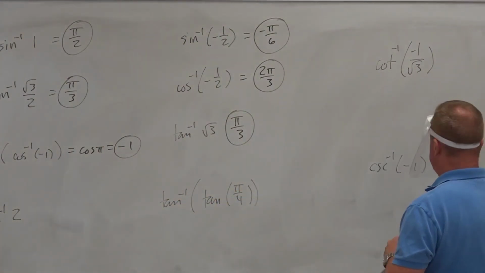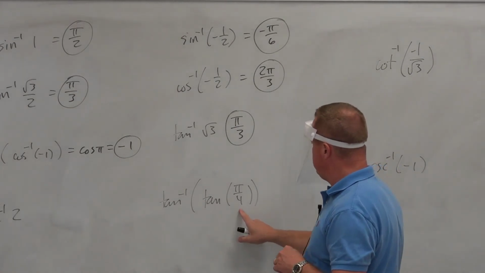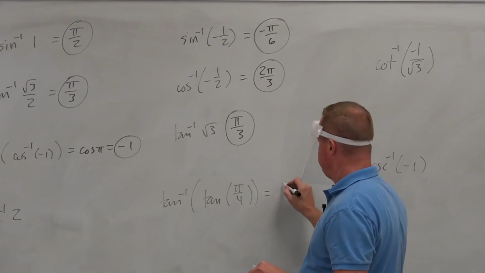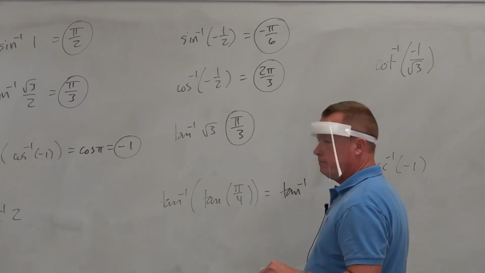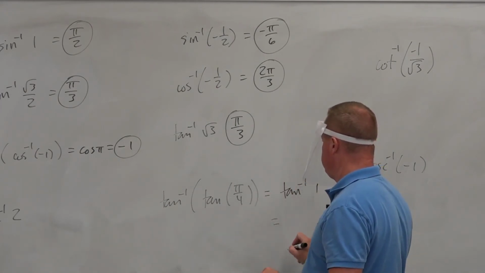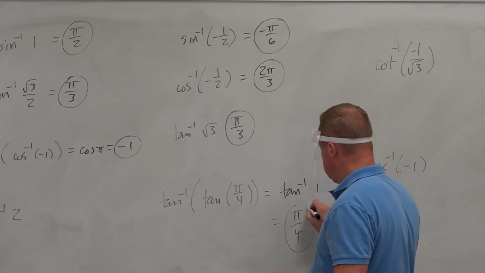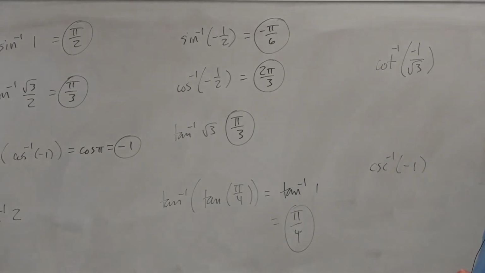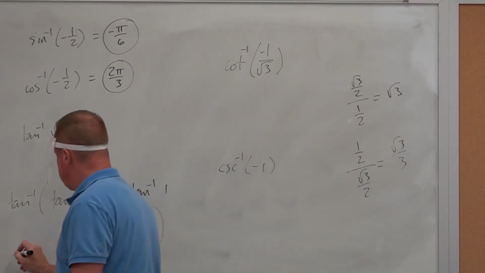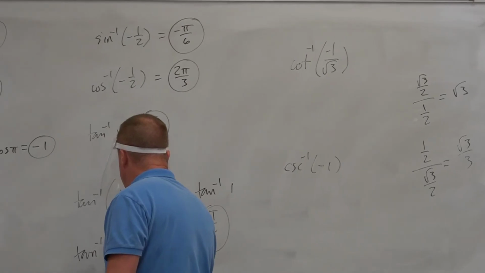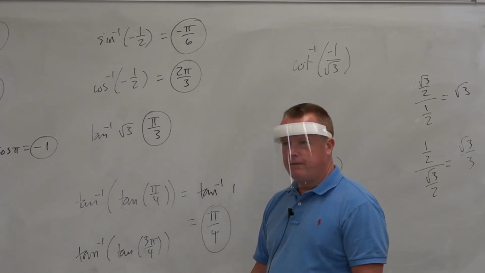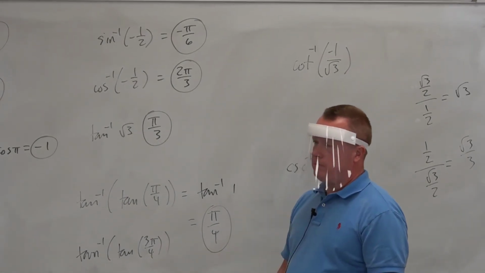Is that all the tangent ones? Yeah. This one, the tangent of pi over 4. What is the tangent of pi over 4? One. And then what is the inverse tangent of 1? Pi over 4. Now, if this had said the inverse tangent of the tangent of 3 pi over 4, what is the tangent of 3 pi over 4?